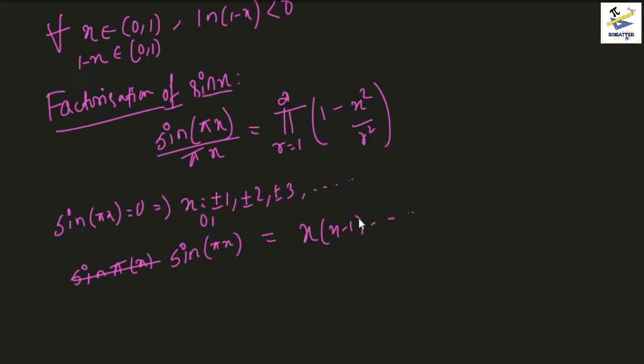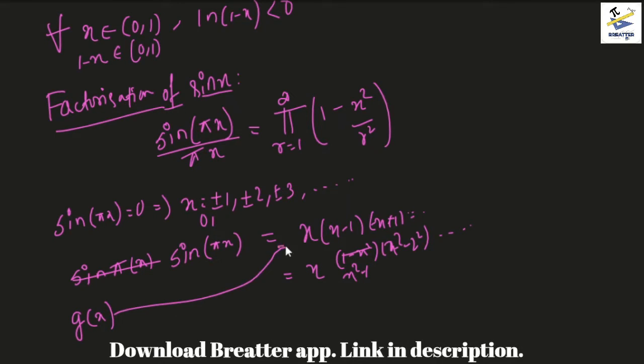But what he thought was that obviously this, equipped with x plus 1 and everything else, would give you something like x into (x square minus 1) into (x square minus 2 square), and so on, right? And he also said that there would be some function g of x in front of this extra thing.